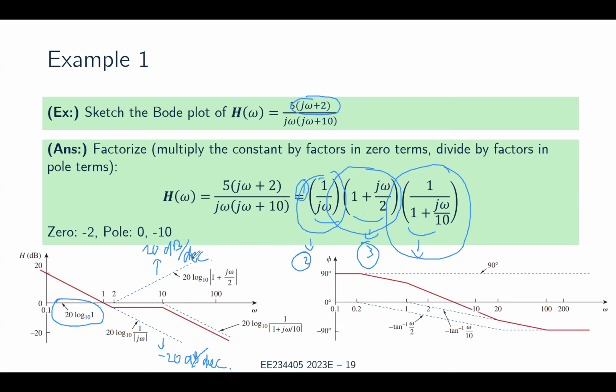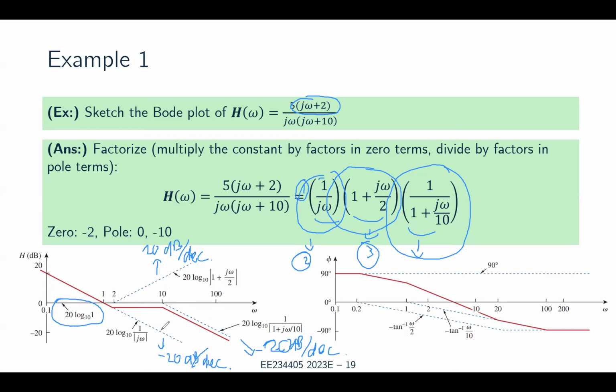And then the last factor is the pole at 10, with the rate of minus 20 decibels per decade, with the corner frequency at 10.